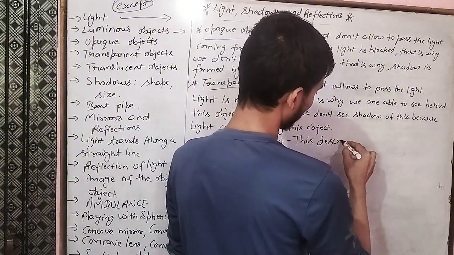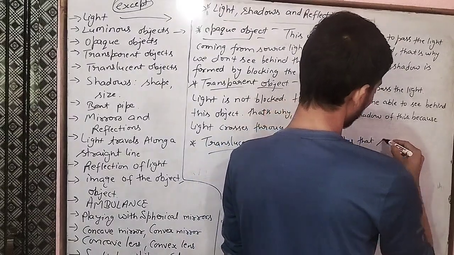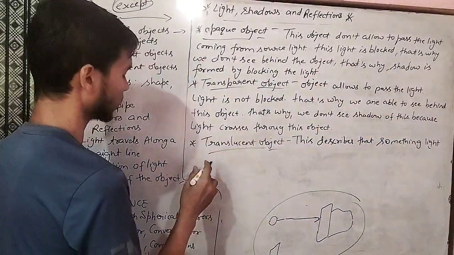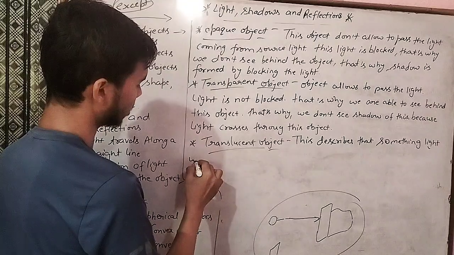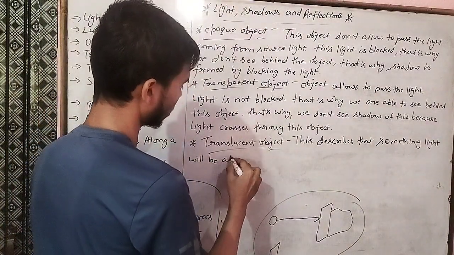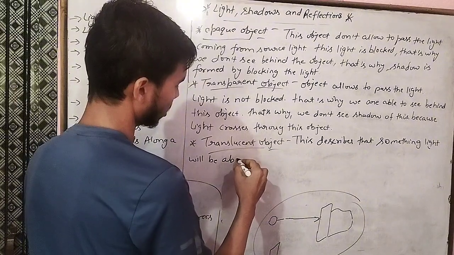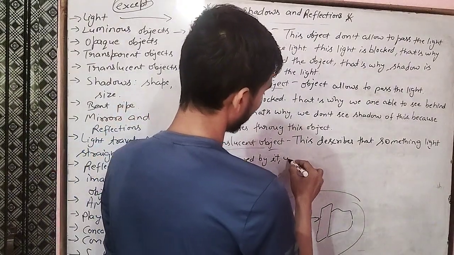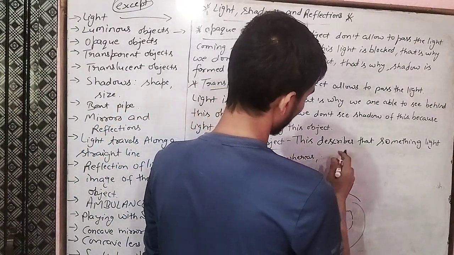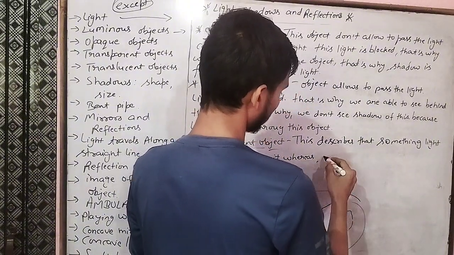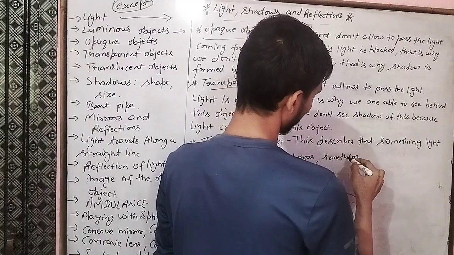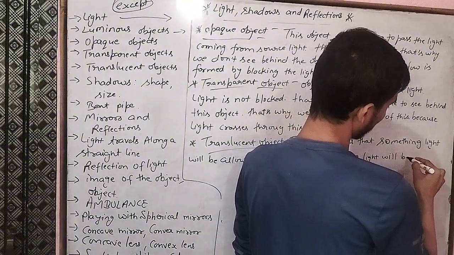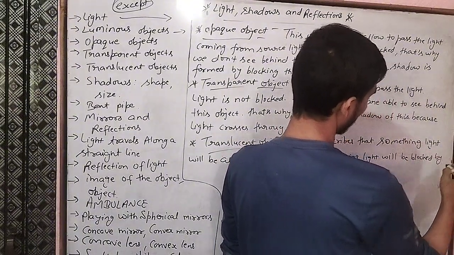This describes that some light will be allowed by it, whereas some light will be blocked by this object.